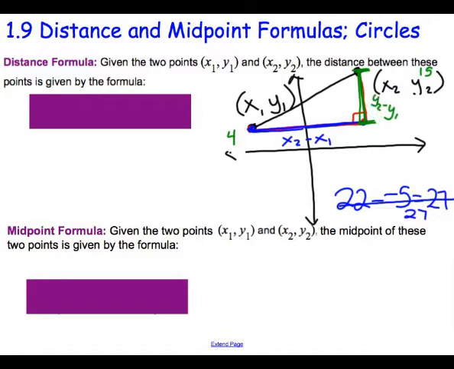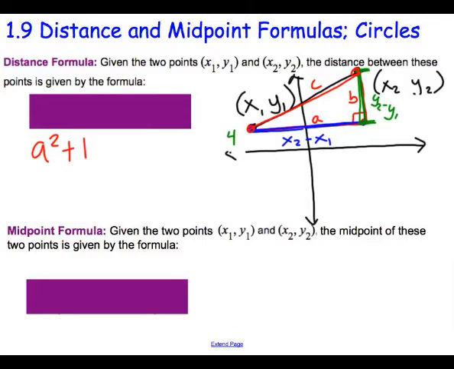So we have a description of the lengths of the sides of this right triangle. But remember, our ultimate goal was to find the distance between the 2 points, or the hypotenuse of this triangle. Going back to geometry, it's the Pythagorean theorem, and with it we always do a squared plus b squared equals c squared. So I'm going to write that down.